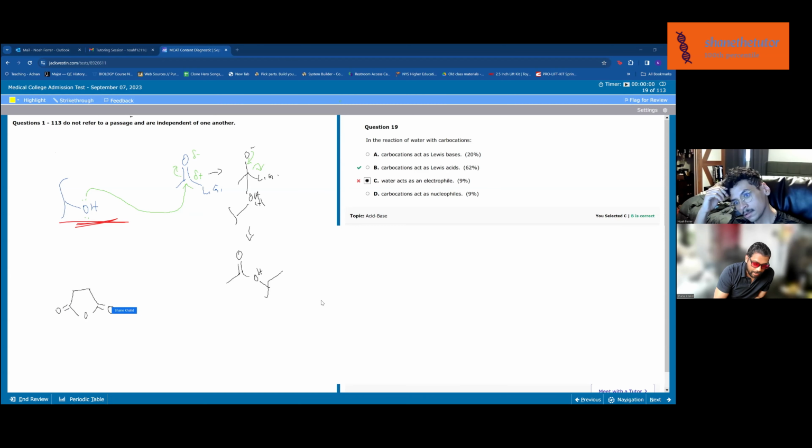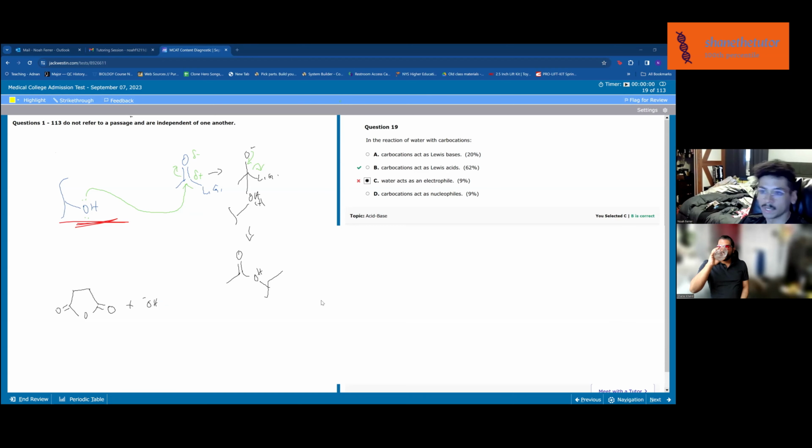And let's say we add hydroxide ion to this. What'll happen? If we add a hydroxide ion to this, when this turns into a double bond.